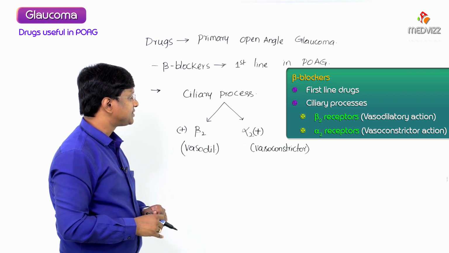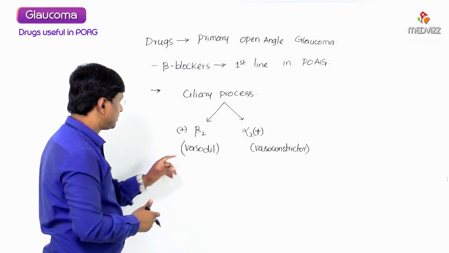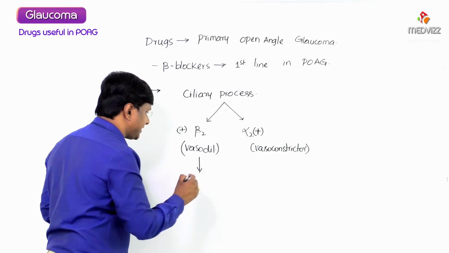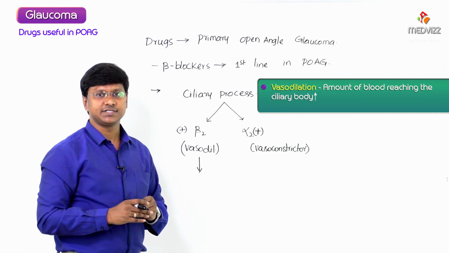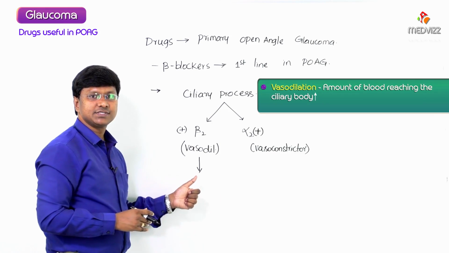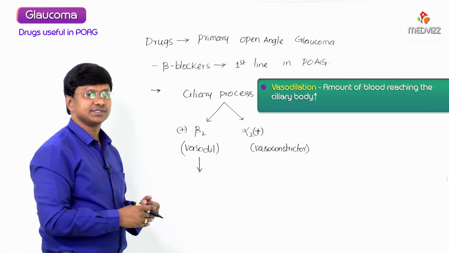When alpha 2 receptors are stimulated, there is vasoconstrictor action within the ciliary process. Now, remember this point, whenever vasodilatation occurs, the amount of blood reaching the ciliary body increases.